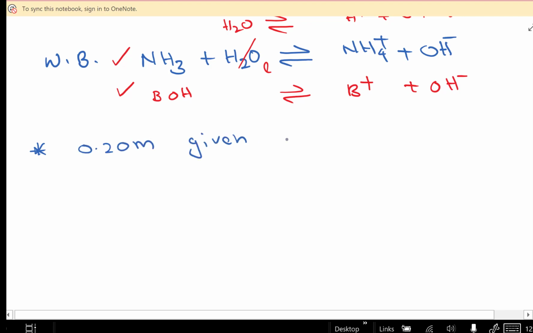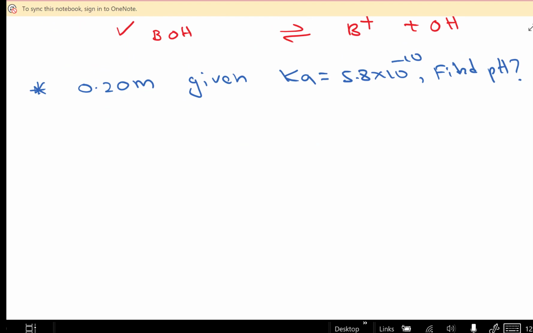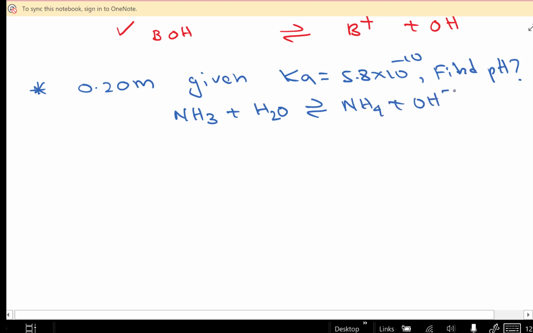Now 0.2 molar is given in this question, and Ka is given. It's a tricky one. You're talking about the bases, but you're given Ka, a little bit more math to do on this, right? So remember, when you write the givens, you have to be aware of that. So ammonia plus water gives ammonium plus OH minus, and I can write it simply as BOH, B plus and OH minus for any weak base, Rice table.